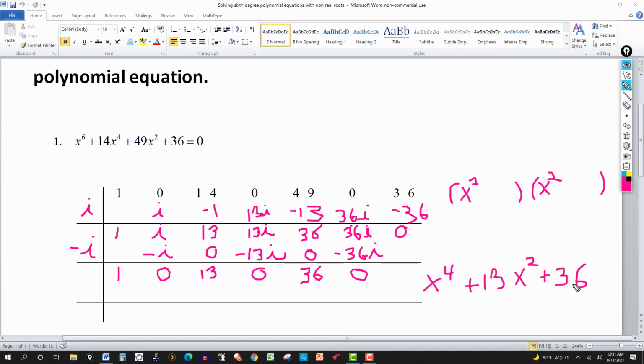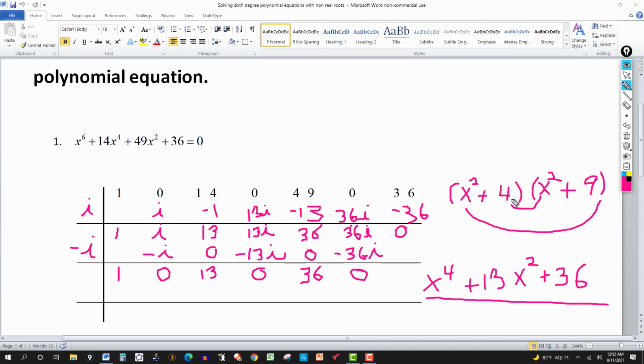Factors of 36 would be 36 and 1, 9 and 4. And what signs do we need here? Well, it has to be a plus here and a plus over here. So notice x squared times x squared is x to the 4th. 9 times 4 is 36. That checks. Multiply here and here. So this would be a 4x squared and a 9x squared. Add up, and that gives me a 13. So it does check out.